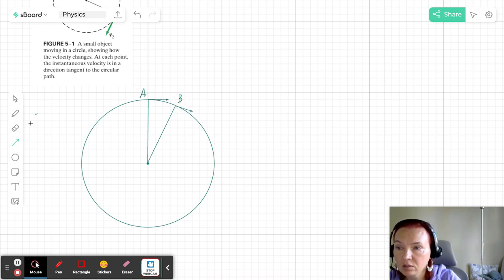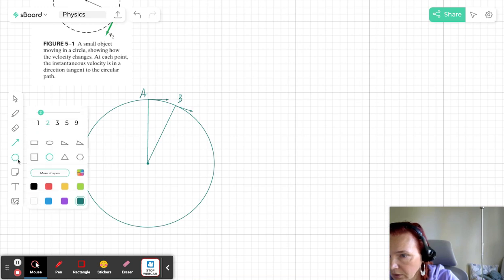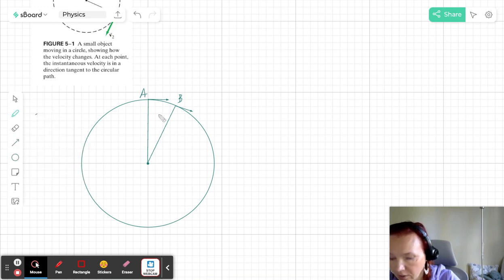The magnitude is the same, and I'm going to label the angle between those two instances delta theta, so the change in angle. This is the radius, and radius. We have our v1, we have v2, those are the velocities.